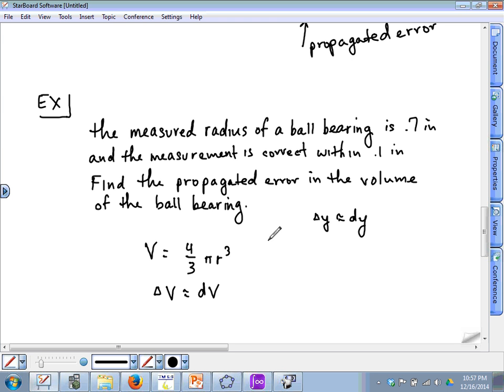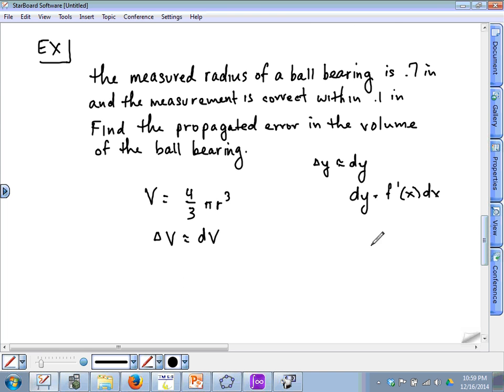So finding the change in volume, if you were to use 0.7, the measured radius, rather than the actual radius, that's a propagated error. That's delta V. We can approximate the propagated error using dV rather than delta V. And remember over here that dy was equal to f prime of x dx.